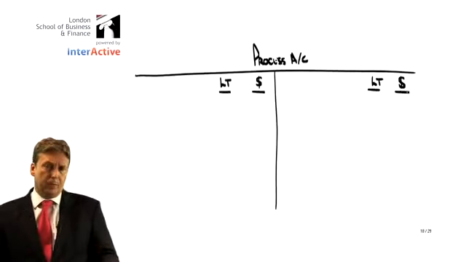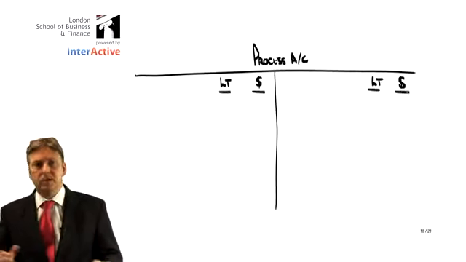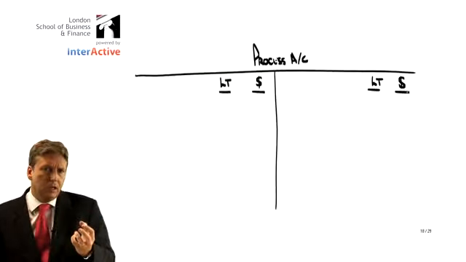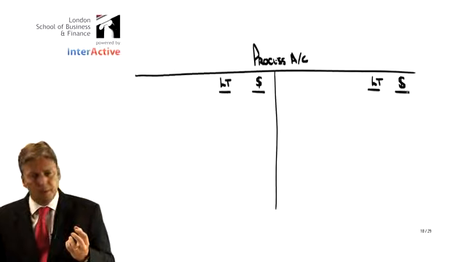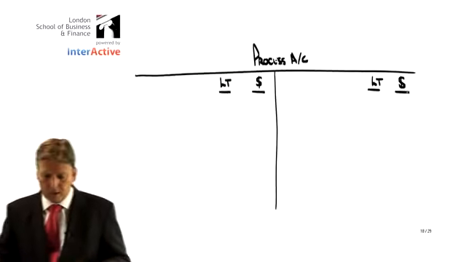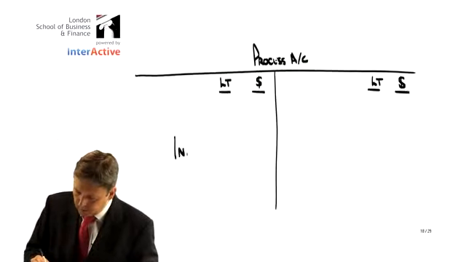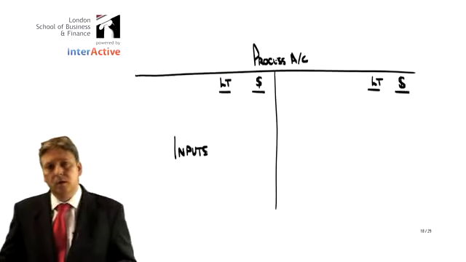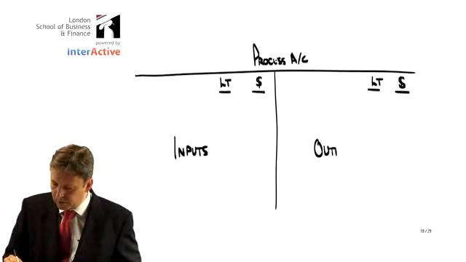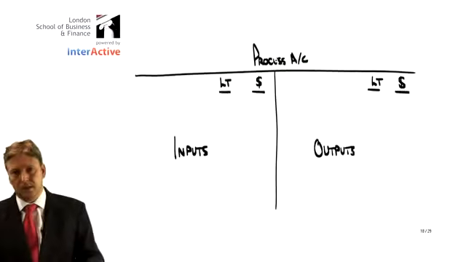We could talk about the process account in terms of debits and credits, but at the same stage, it's often very useful to look at the process account most of the time in terms of inputs arising on the left-hand side as a debit and the outputs on the right-hand side.